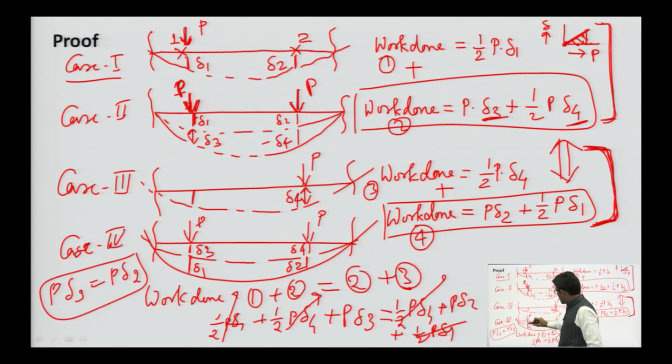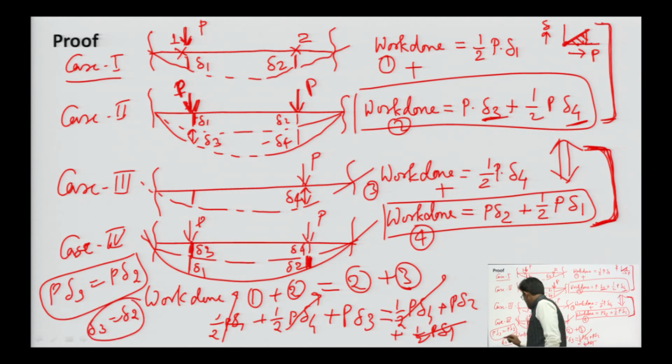So, see here, P into del 3 is equal to P into del 2, this one equal to this one. Means we have del 3 is equal to del 2. So, what is it?